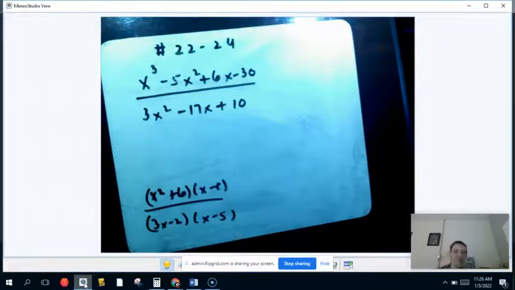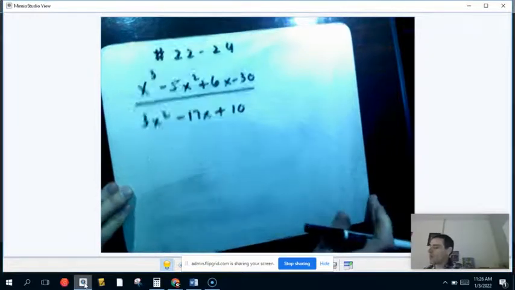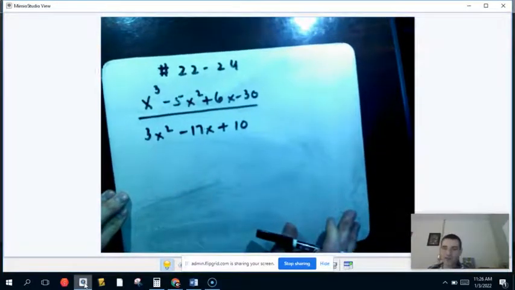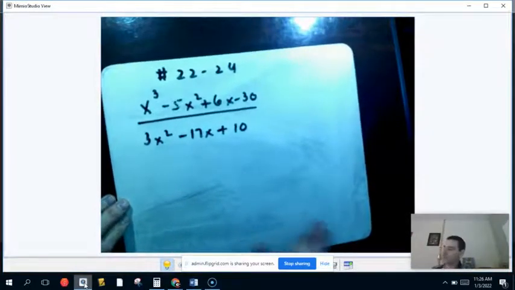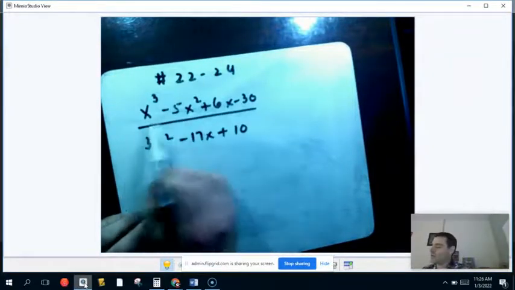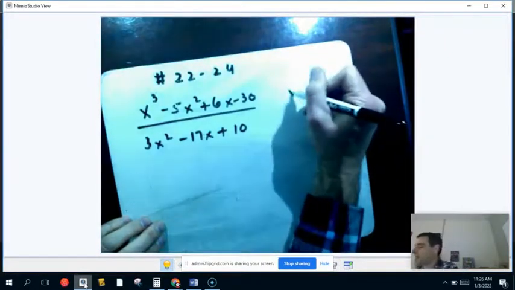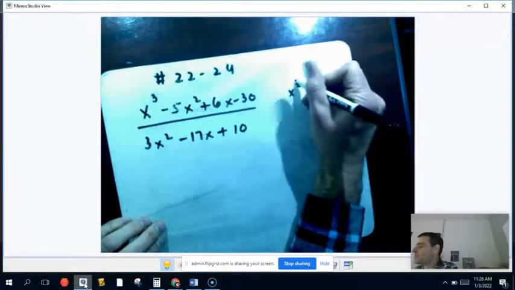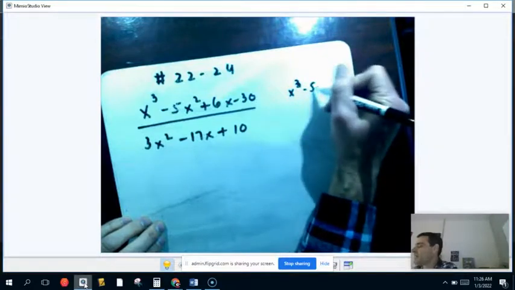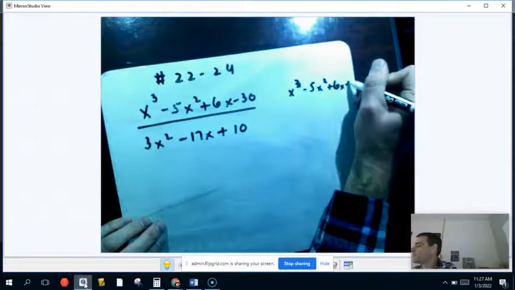Okay, 22 through 24. Okay, this is probably an honors level question. Harder factoring. We want to factor this, and it'll be factored by grouping that gets us that part. So I'll go to the side here. X to the third minus 5x squared plus 6x minus 30.